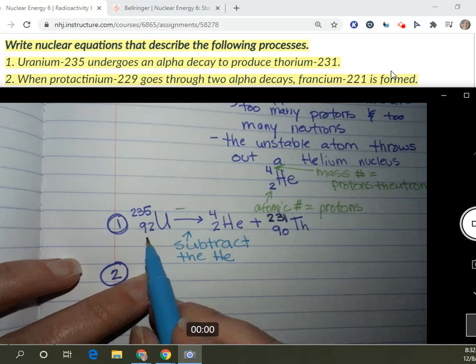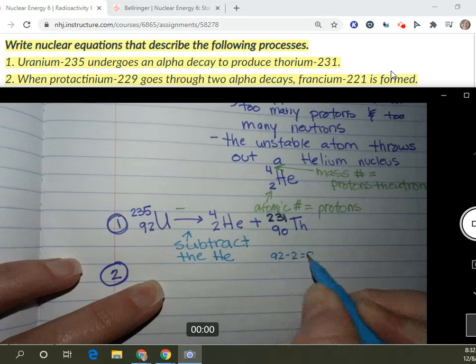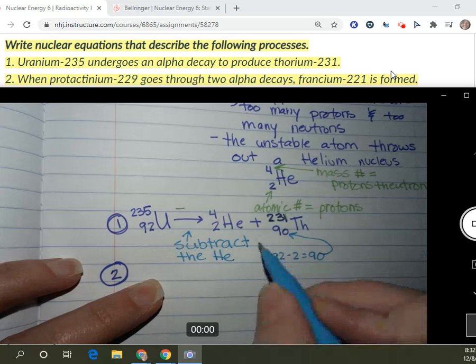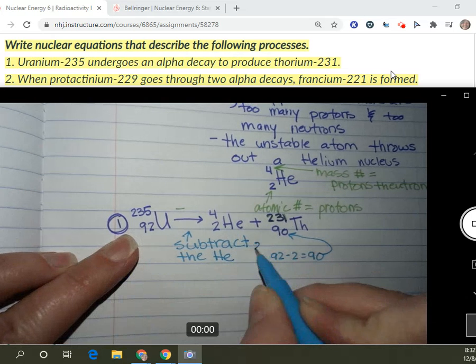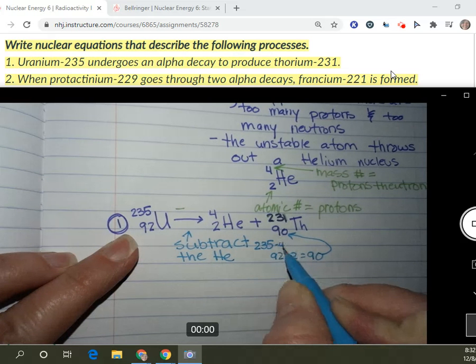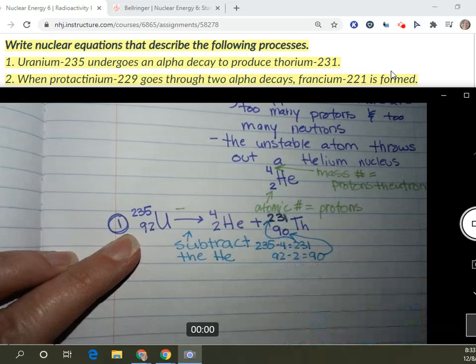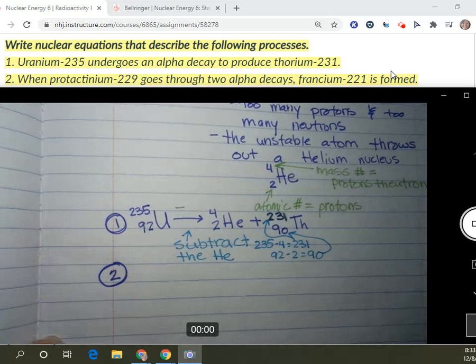Okay, so 92 minus 2 equals 90, and that's right there. 235 minus 4 is 231. And that's right there. So let's go ahead and look at number 2 now that we've written ourselves some notes.